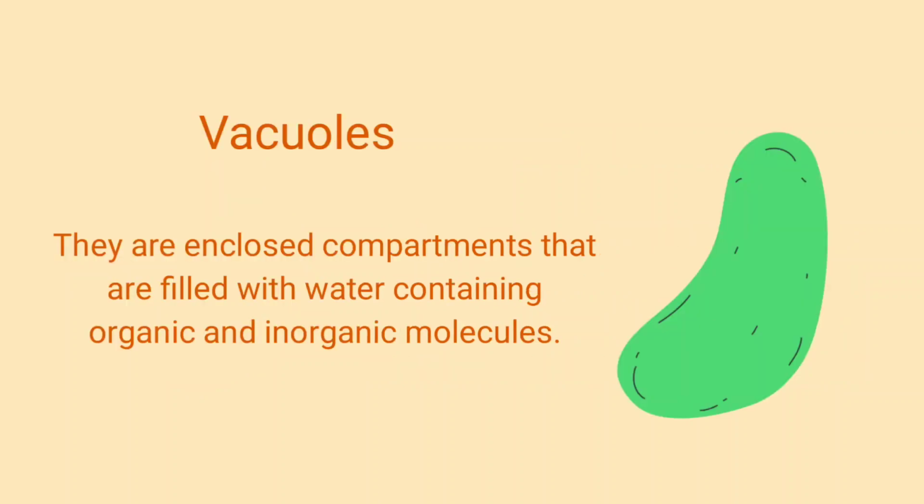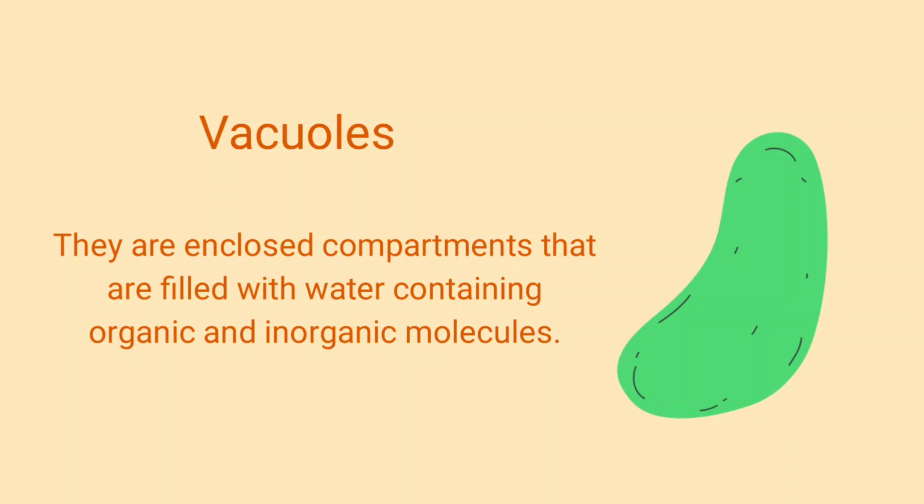Next one is vacuoles. Vacuoles are enclosed compartments that are filled with water containing organic and inorganic molecules. These are numerous and small in animal cells, and there is only one large vacuole in a plant cell.